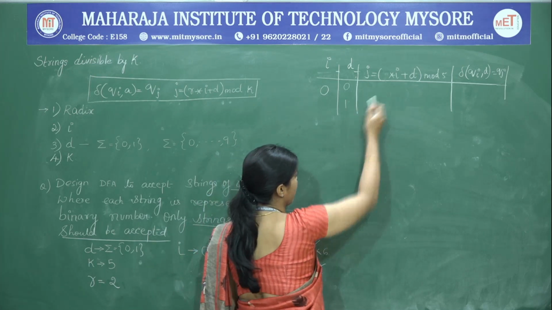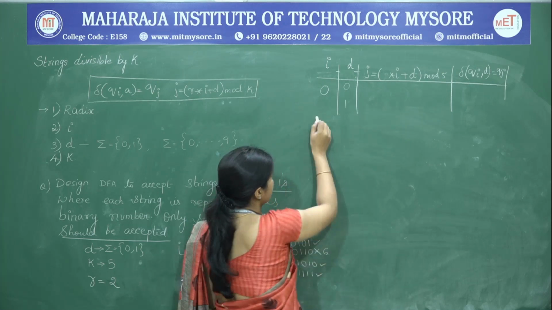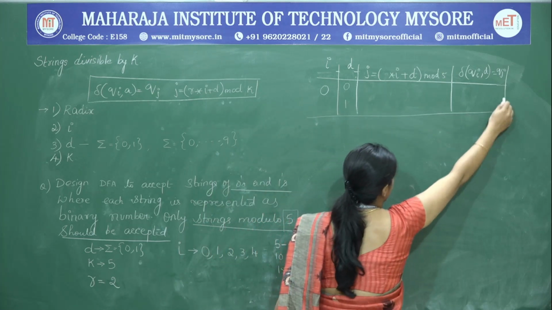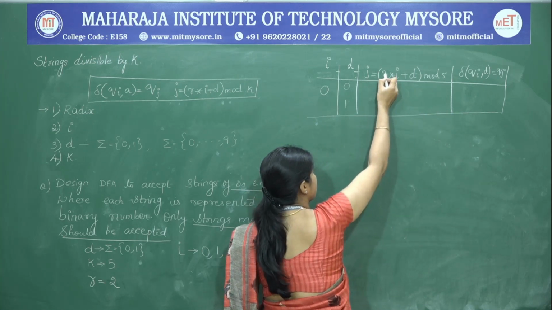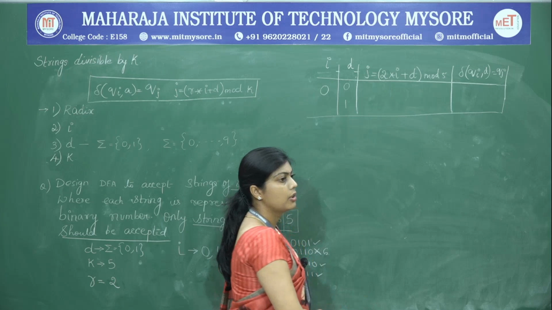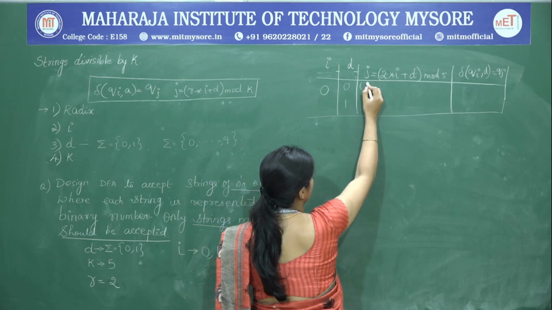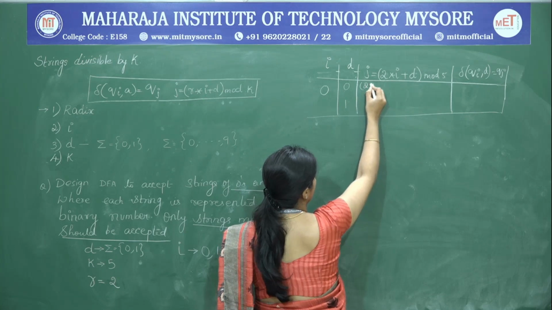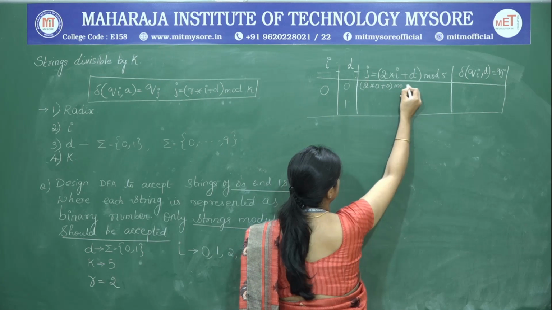Next we have to find out the value of j for each one of them and find out the transitions. So let us work for this example. We will make substitutions here. Here the radix is 2, therefore it is common, 2, for all the transitions. So for the first value, we are going to do the calculation of 2 multiplied by 0 plus 0 mod 5.